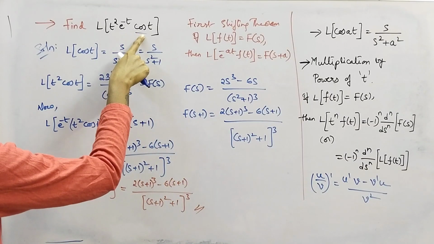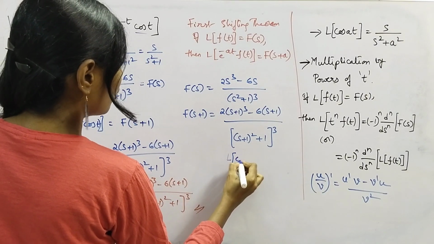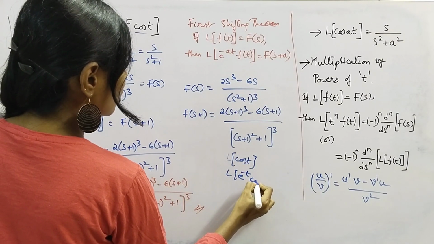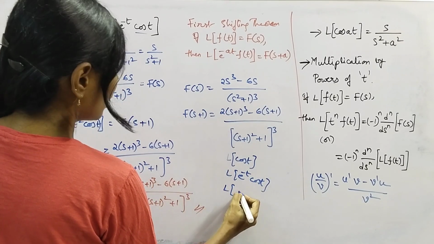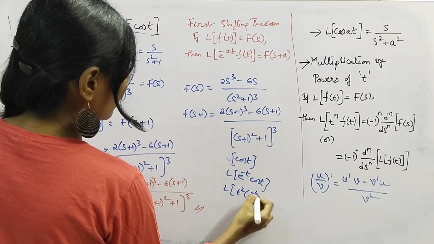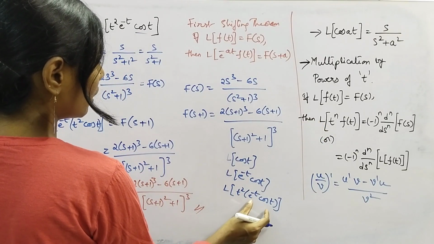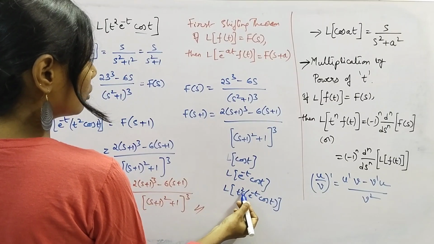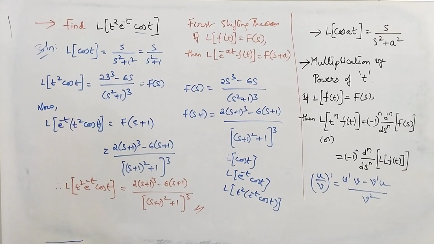You can first find L of cos t and then you can find L of e power minus t cos t using the first shifting theorem, and then you can go for t square into e power minus t cos t using multiplication by powers of t, by considering e power minus t cos t as your f of t, and here 2 will be the power.